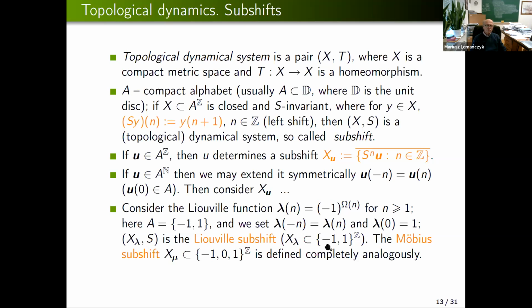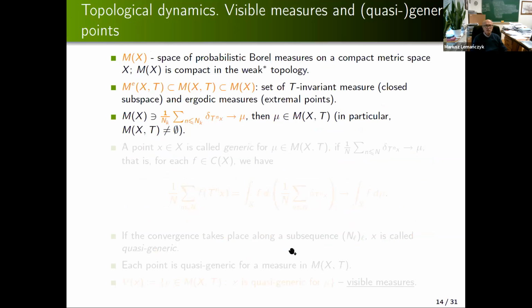So we obtain a subshift over the alphabet -1, 1. The Mobius subshift is defined completely analogously, but the alphabet has changed, and the alphabet is -1, 0, and 1. So the first step we do is that, given an arithmetic function, we define an object in which this function appears as a point, and this is the subshift generated by that function.